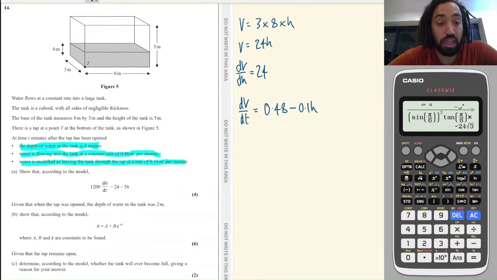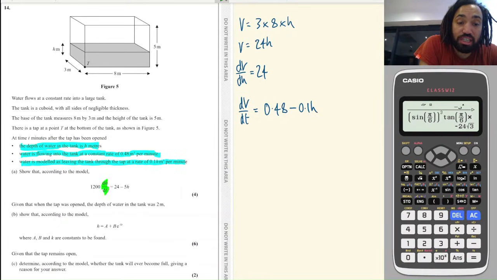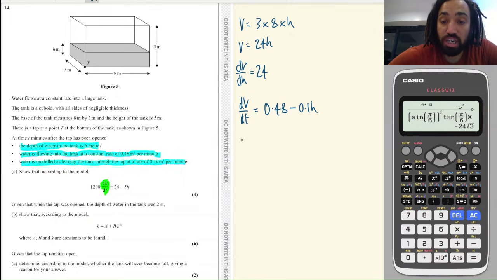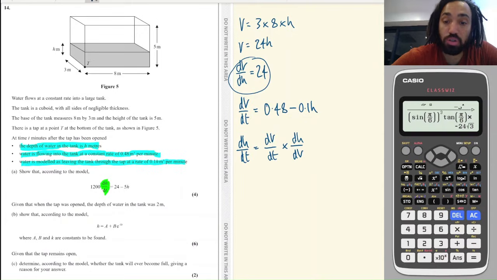Okay, great. And now, what are we actually looking for? We're looking for an expression for dh by dt. Well, by the chain rule, dh by dt is equal to, well, let's put a dt on the bottom, and I have dV by dt, so that will help. And then I want those V's to cancel, so maybe I need to do dV on the bottom, and let's flip this one over and put dh on the top, so that's going to work nicely.